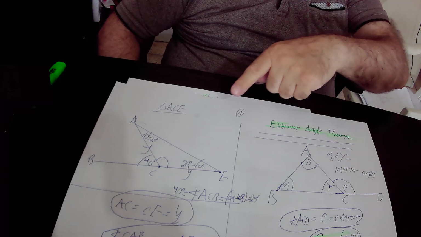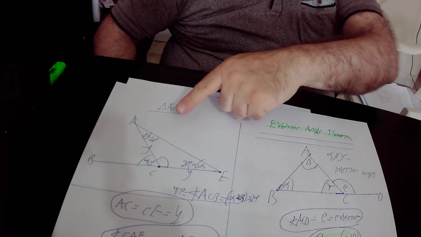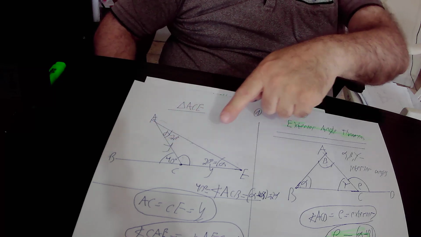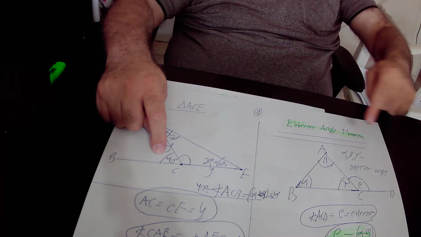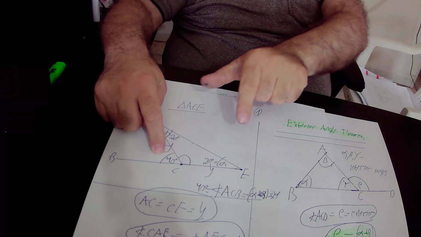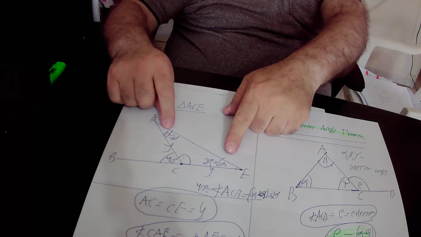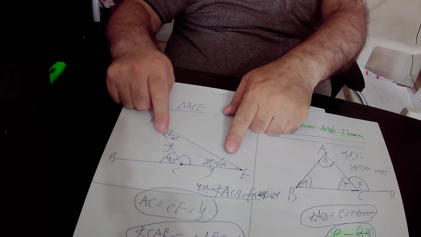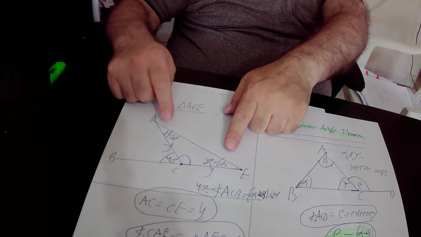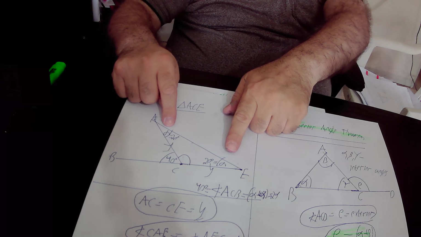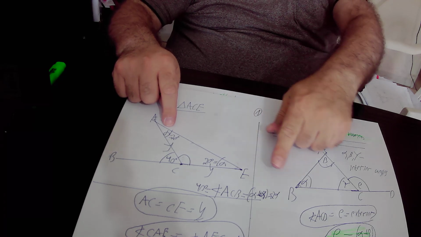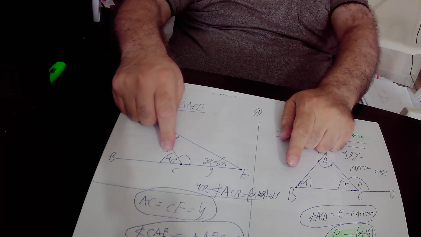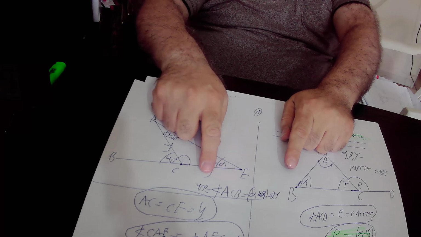We implemented the exterior angle theorem in our triangle AEC. Angle ACB is the exterior angle, and its size according to the exterior angle theorem will be equal to the sum of the two interior angles that are not adjacent to it. Those two angles are not adjacent to this angle, therefore the size of the exterior angle ACB will be equal to alpha plus alpha. So angle ACB equals alpha plus alpha. But it is given in the question that angle ACB equals 40 degrees.